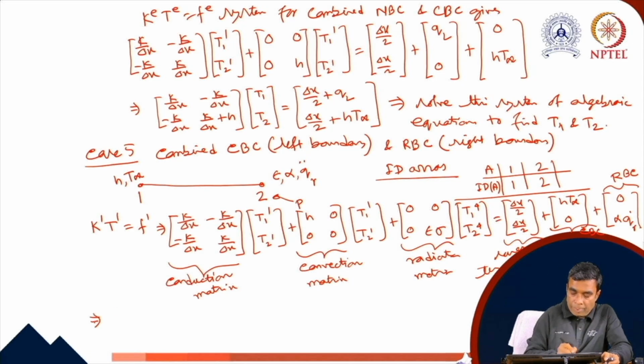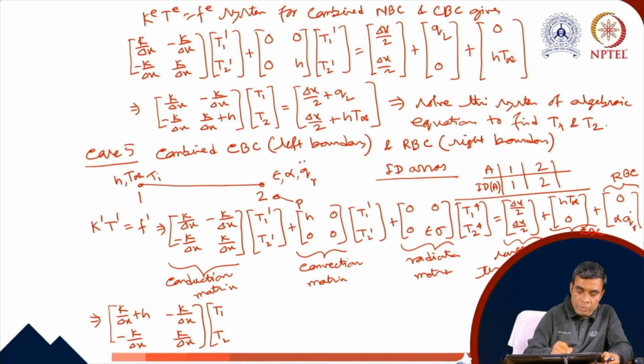So if we combine the conduction and convection terms, then we get two contributions in the matrix: k/Δx + h, -k/Δx, -k/Δx, k/Δx, times T1, T2.